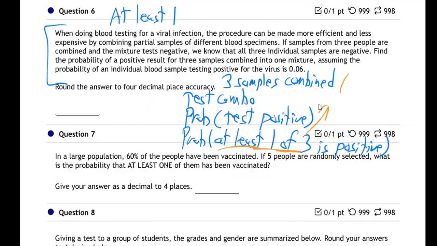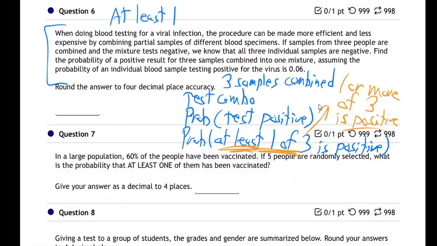That means 1 or more of the 3 is positive, right? Isn't that how that test is going to come out positive? If 1 or more of the 3 is positive, then that'll make the group of 3 come out positive. And that's what they're asking me for. So they're really asking me an at least one question.